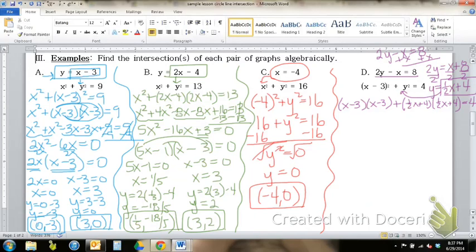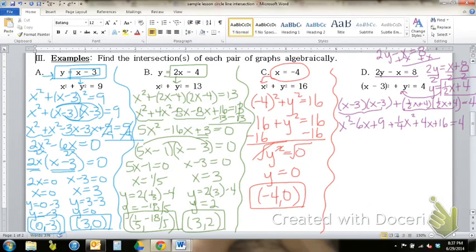Okay. So I'm going to jump right to what happens when I FOIL here and combine like terms. So x squared minus 6x plus 9. And while foiling with fractions looks really scary, this one actually works out to be not that bad. You get 1/4 x squared plus 4x plus 16 equals 4.